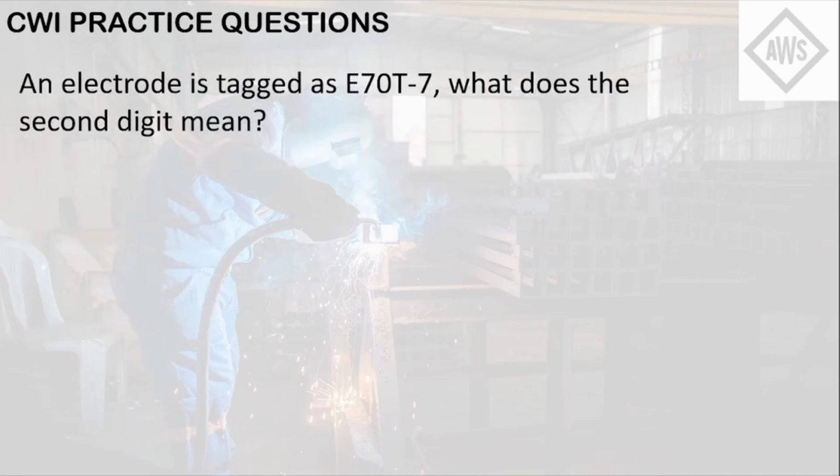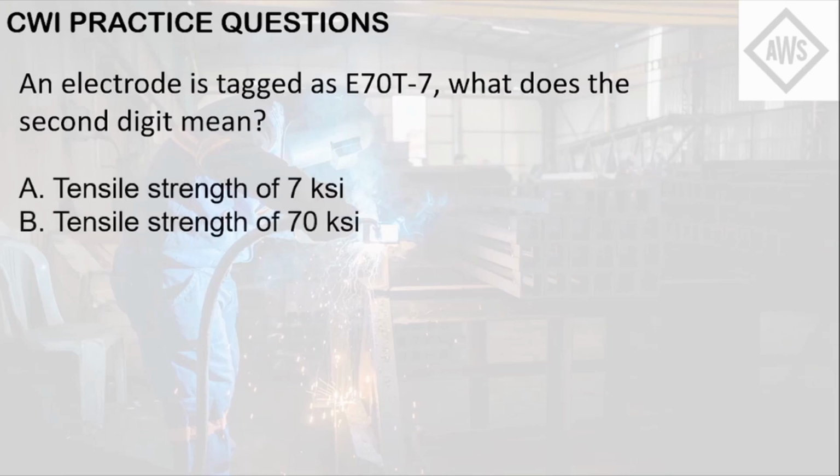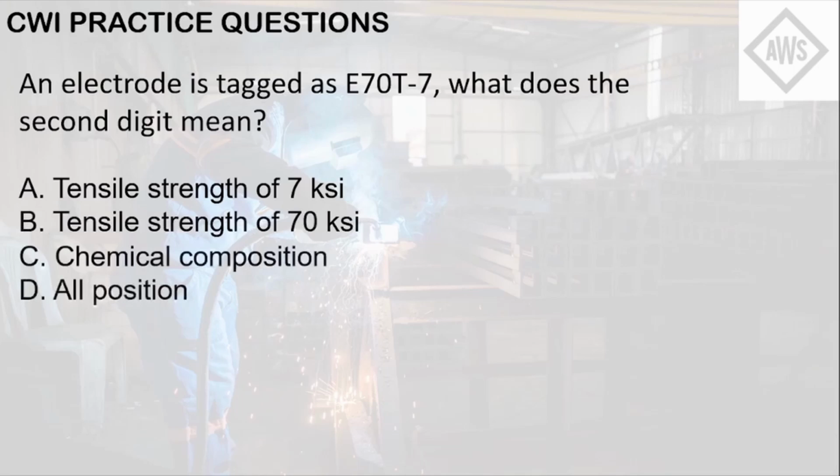For this question, an electrode is tagged as E70T-7. What does the second digit mean? Letter A, tensile strength of 7 KSI. Letter B, tensile strength of 70 KSI. Letter C, chemical composition. Letter D, all position. So here, the number 7 denotes a tensile strength of 70 KSI, not 7 KSI, because the 0 here refers to the position for this electrode.